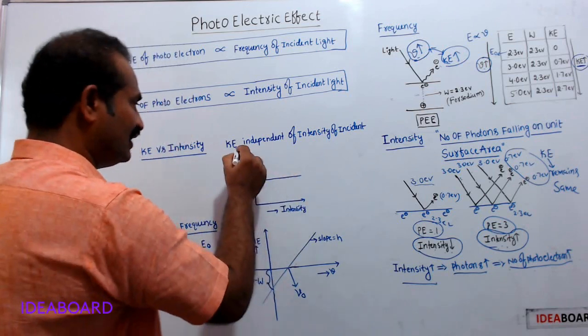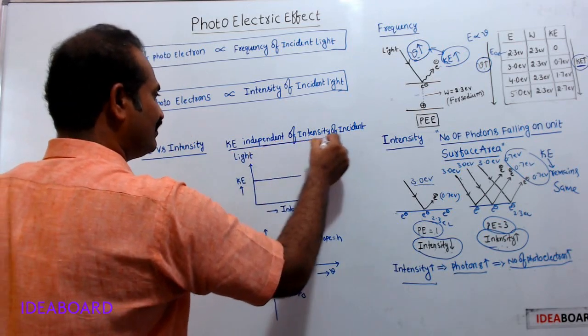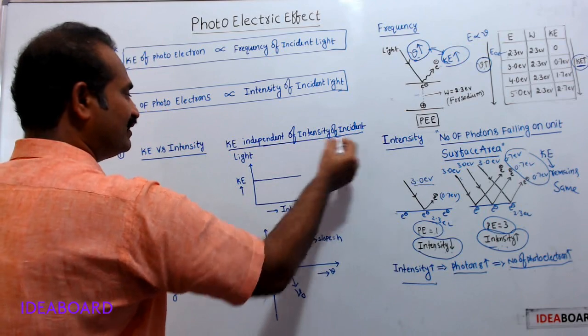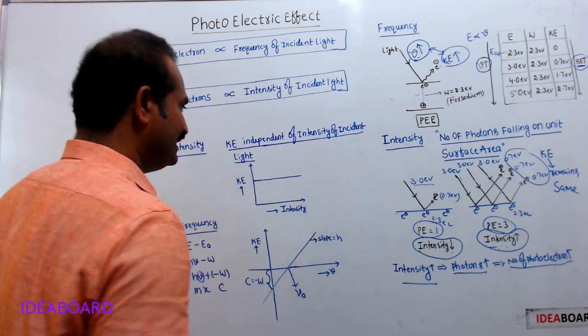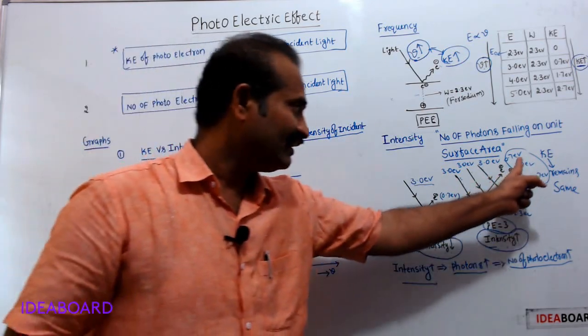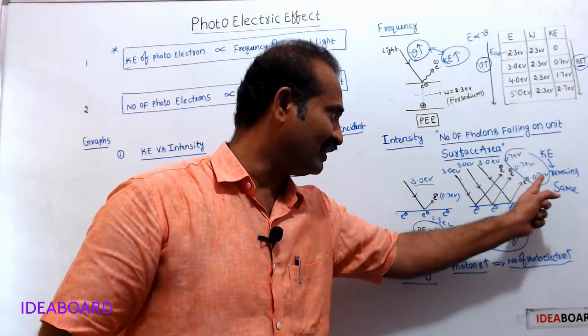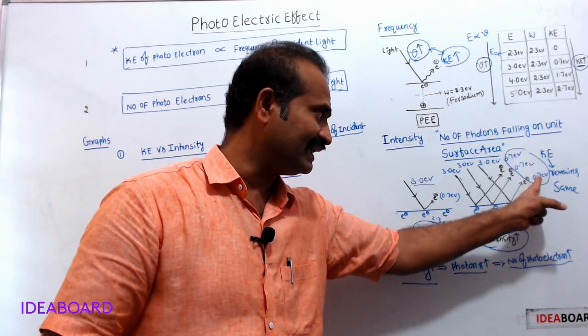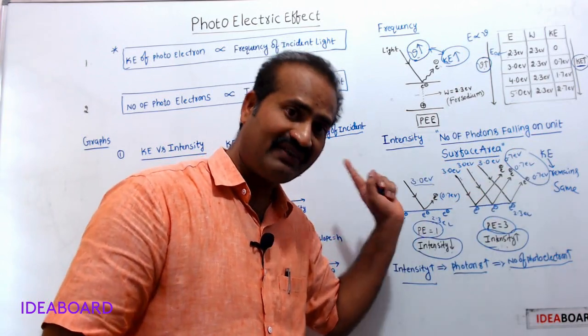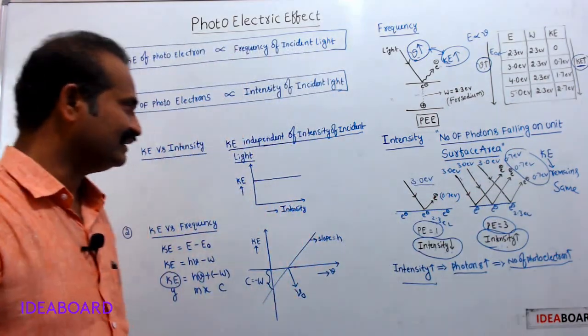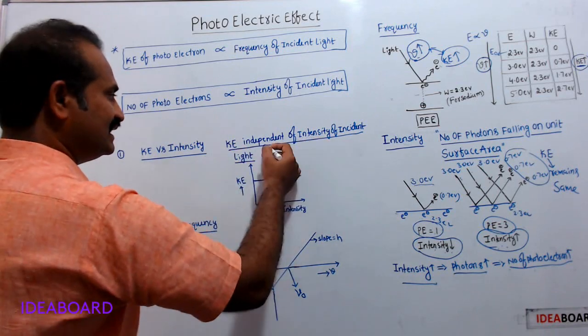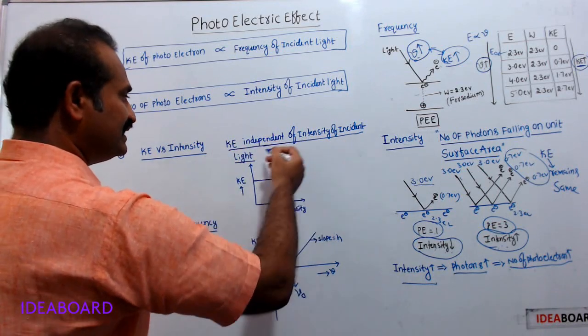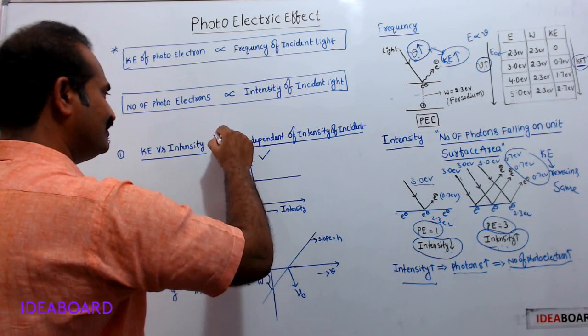Therefore, the kinetic energy of the photoelectron is independent of the intensity of incident light, it does not depend on the intensity. This is very, very important.